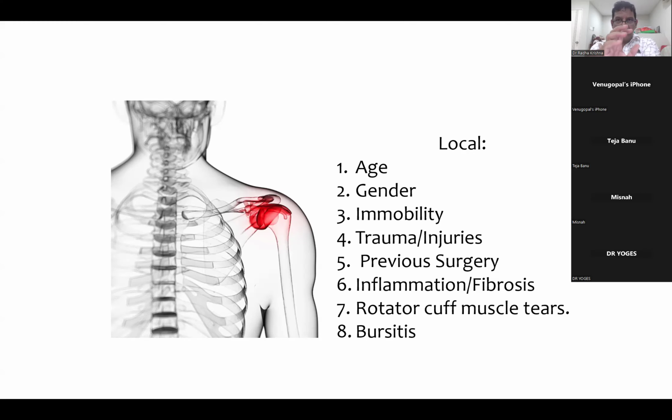As we are observing, the patient will tell you very specifically and point out where exactly it is related to. So you have to look at the age group, the gender, the immobility, the trauma, previous surgery, inflammation, fibrosis, rotator cuff muscle tear, and bursitis. Okay. So now from the local, we go a little bit deeper.